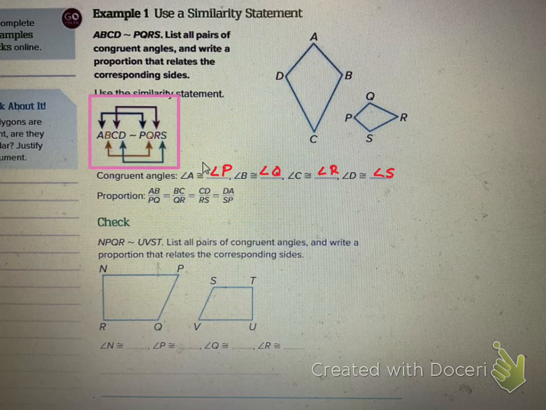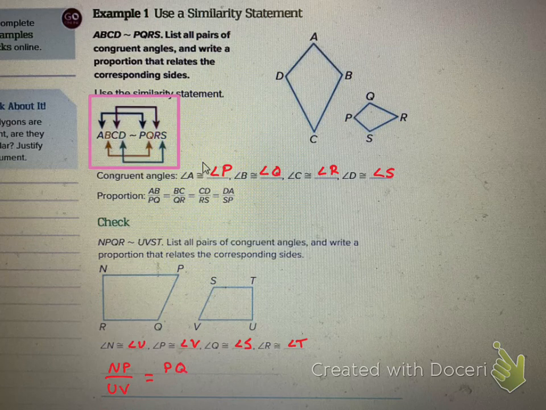Okay, if you paused it and unpaused it, angle N is congruent to angle U. P is congruent to angle V. Q congruent to angle S. R congruent to angle T. And then we're looking for proportions from the sides. NP is proportional to UV.